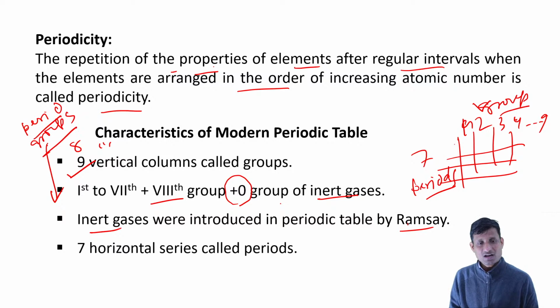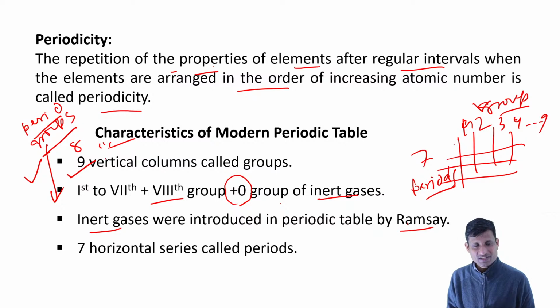You have to read the question very carefully and see which periodic table it is, the Mendeleev or the modern. If it is the modern periodic table, we have nine vertical lines. If it is the Mendeleev periodic table, we have eight groups, 1 to 8. And what is the ninth vertical line or ninth group? It is the zero group.